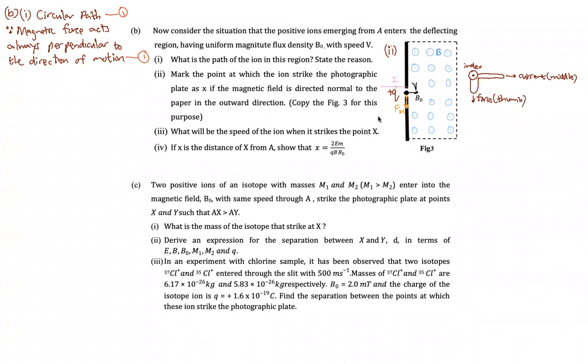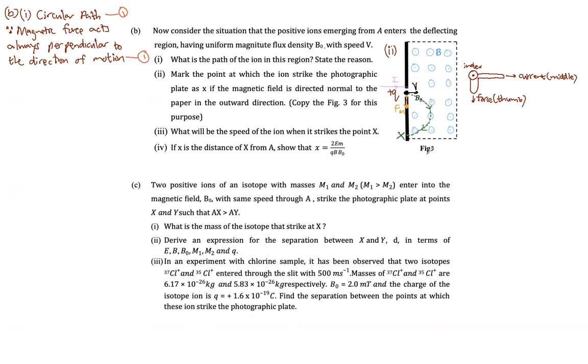Yeah. Okay, so if there's a force acting downwards, what will happen to this part? In magnetic field theory parts, you must have learned if you pull it downwards, then it will do this circular path, and it will perform a circular motion, and it will eventually hit the photographic plate at x.